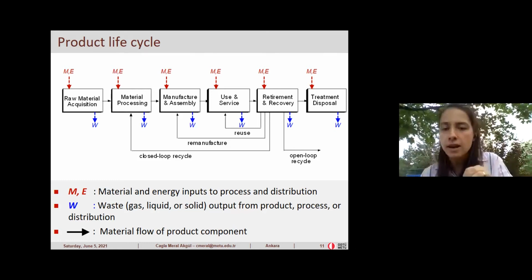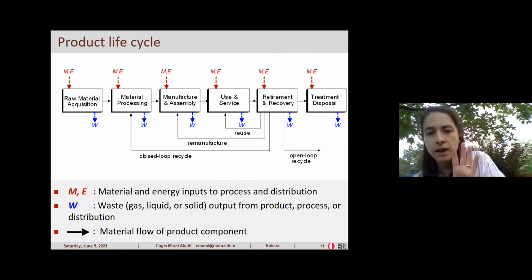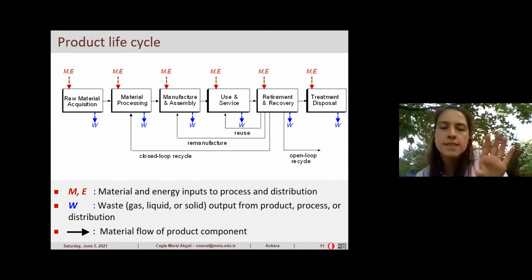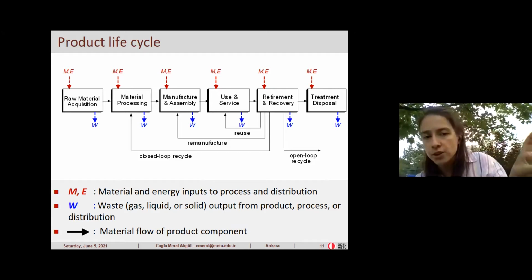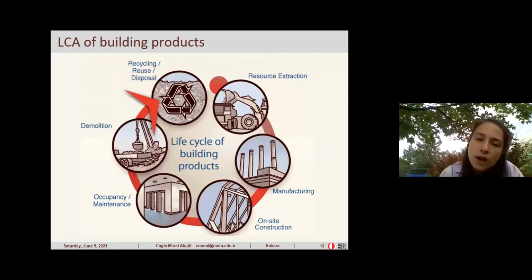By the way, you can put different types of borders in the system. So this is just a very general life cycle. You can have a wide range of different life cycles. When you think of building products, though, you start with resource extraction, then you manufacture, you construct it, and then people live in it.